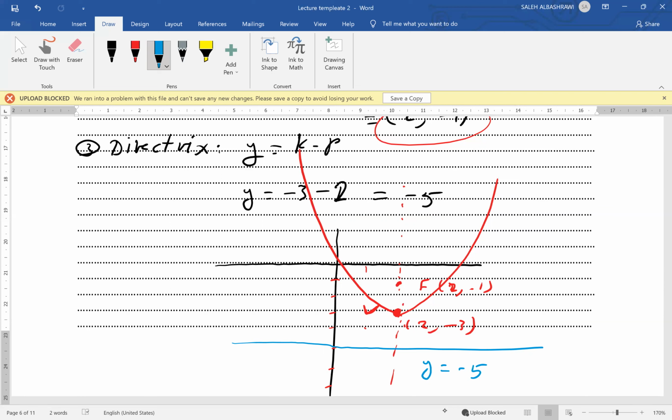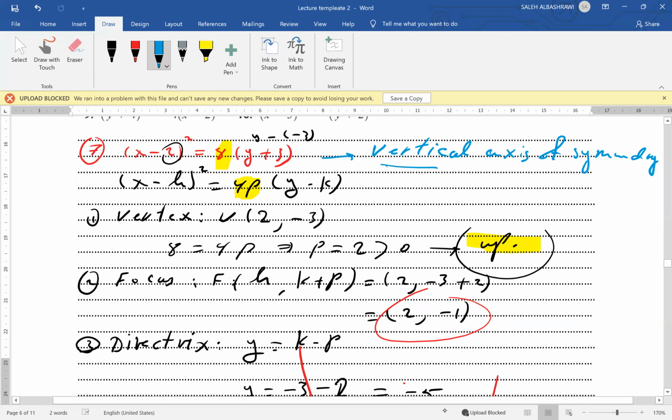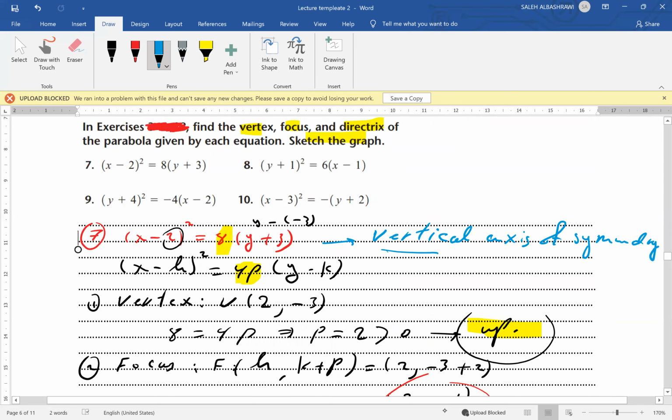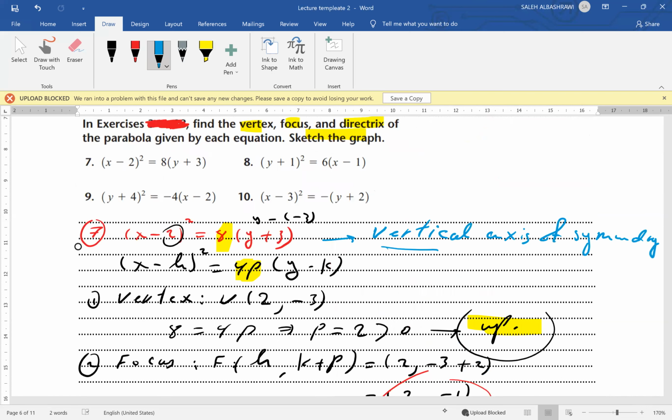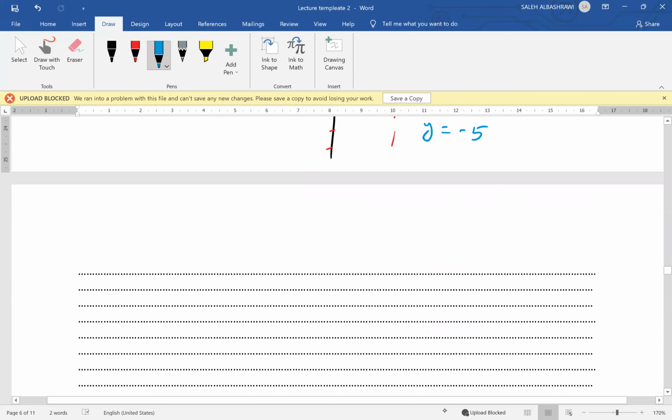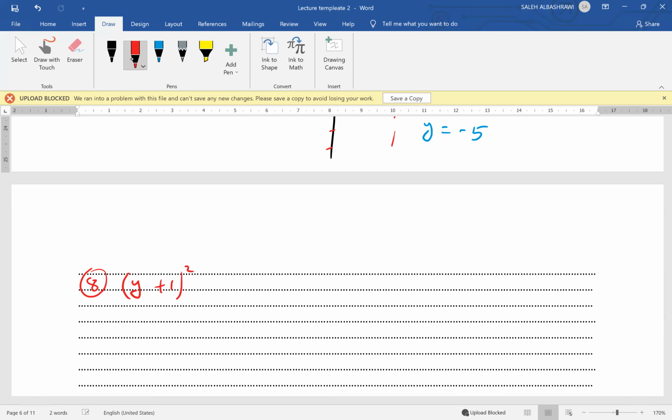x minus 2 all to power 2 equals 8 times y plus 3. And another one, question number 8. We have y plus 1 to power 2 equal to 6 times x minus 1.